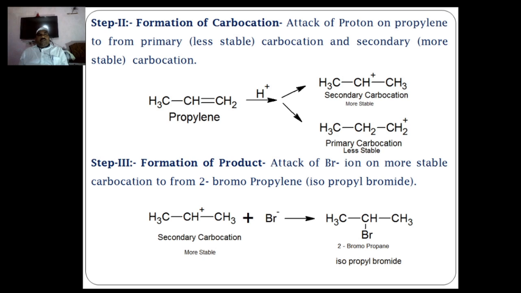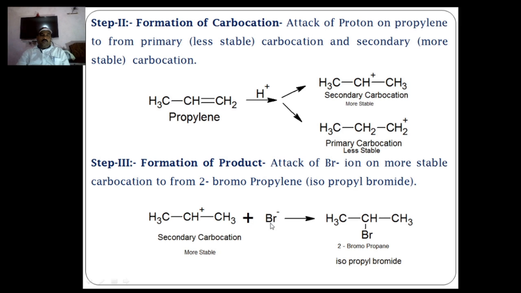What happens in step 3? In step 3, formation of product. The more stable secondary carbocation reacts with the nucleophile, that means Br negative, obtained in the first step. So the secondary carbocation reacts with Br negative and gives 2-bromopropane.